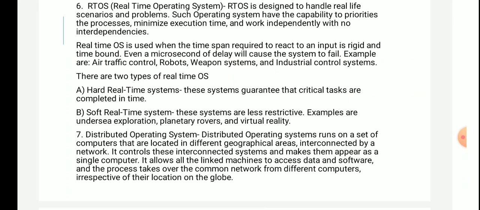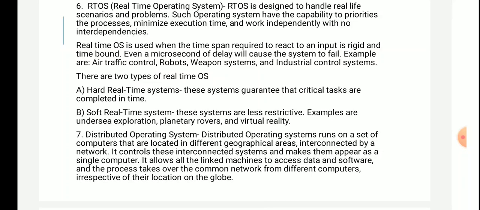So in a distributed operating system, the operating system which we are using, maybe people are using it in different countries, different cities, different areas, but interconnected by a network. We are all interconnected by the network, which makes them appear as a single computer.